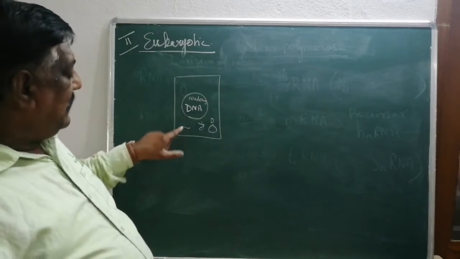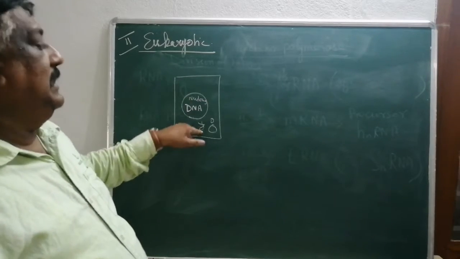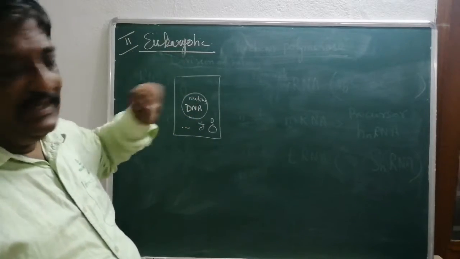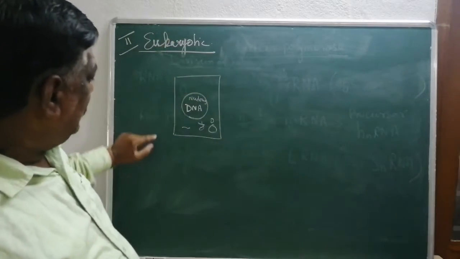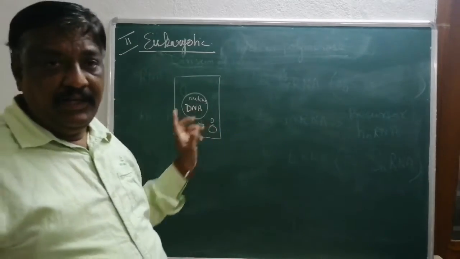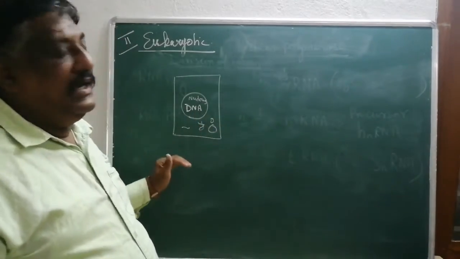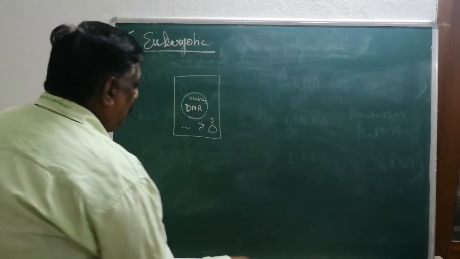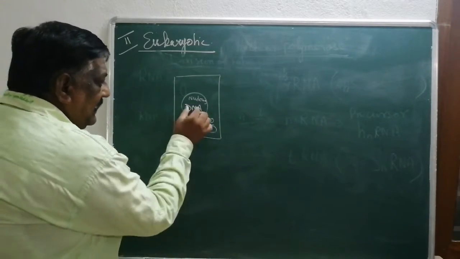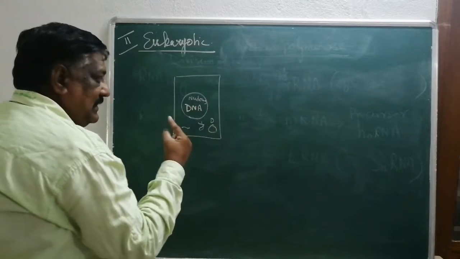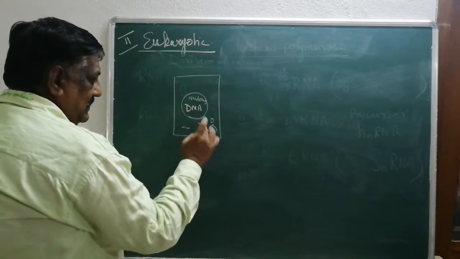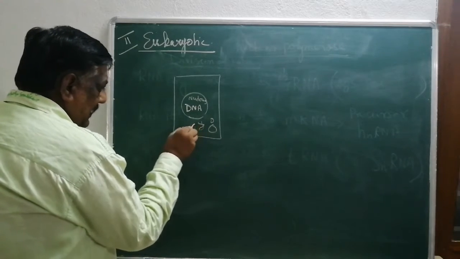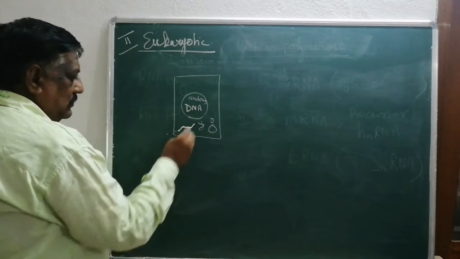To prepare this mRNA, tRNA and rRNA, the DNA does the work inside the nucleus. For that, it has three enzymes: RNA polymerase 1, RNA polymerase 2, RNA polymerase 3. Right? Clear. Now, the DNA cannot come out, as I already said in the transcription beginning stages, and it sends the mRNA out first.